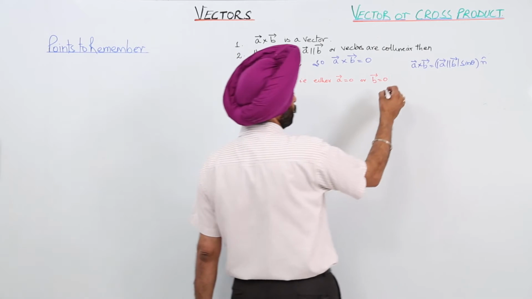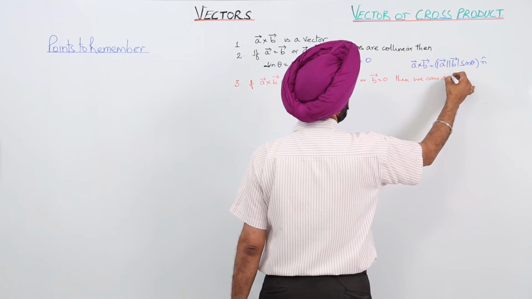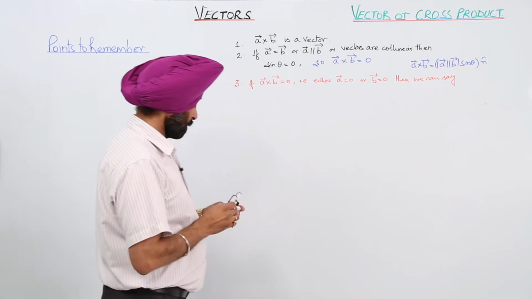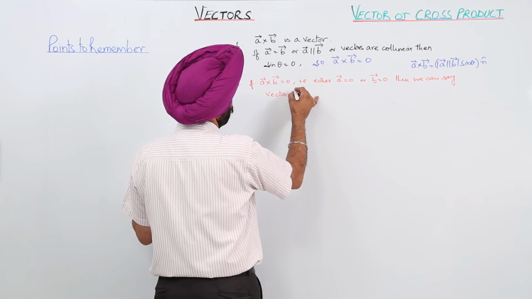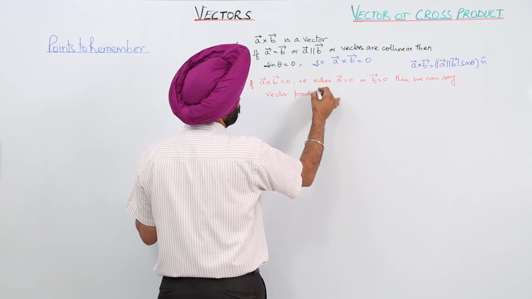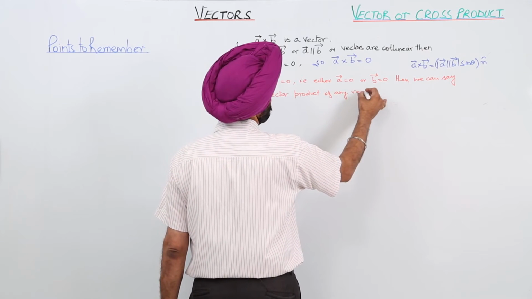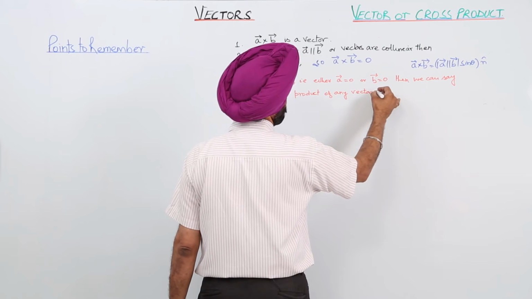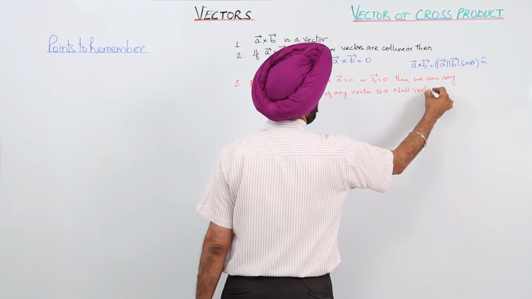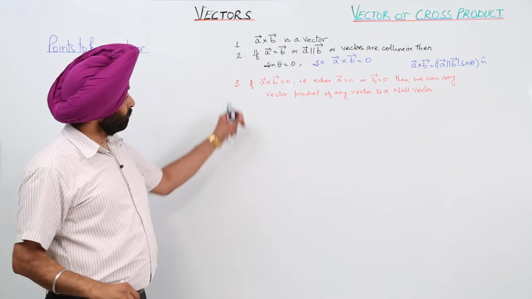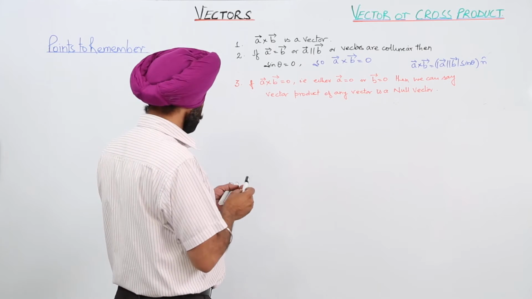Then we can say the vector product of any vectors is a null vector. Is it clear? Third point, if A cross B is equal to 0, then we can say it is a null vector also.